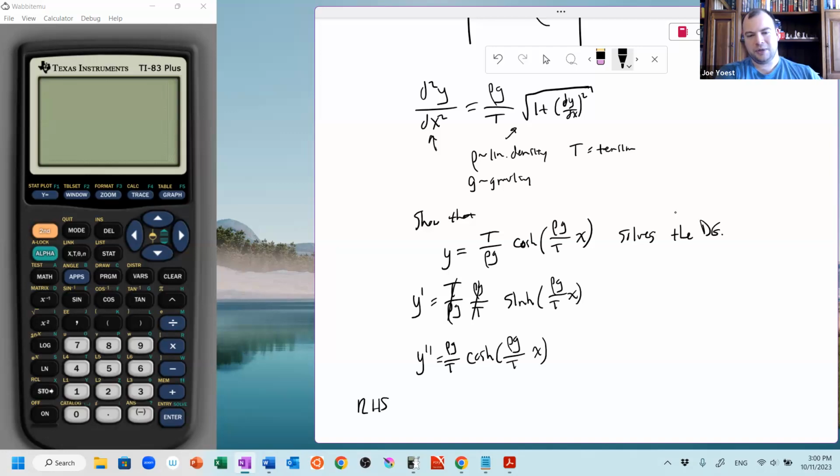So let's start with the right-hand side. So I want rho g over T square root 1 plus y prime squared. So that's sinh squared of rho g over T x. And I want to eventually make this look like y double prime.